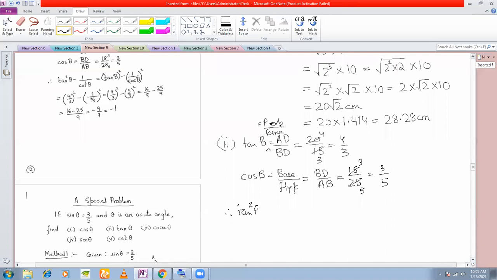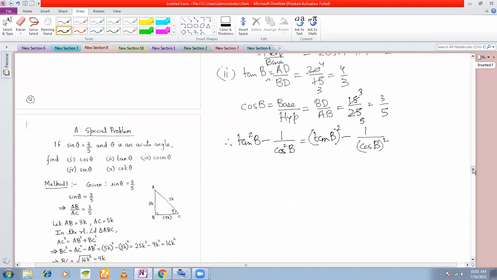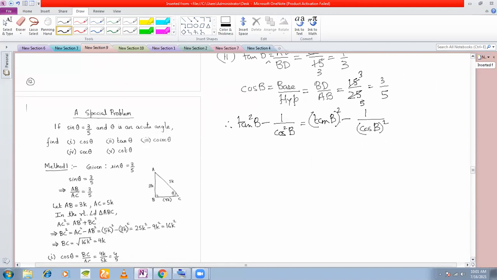Tan square B minus 1 by cos square B is equal to tan B whole square minus 1 by cos B whole square. You can take the full brackets here also, so 1 by cos B whole square.